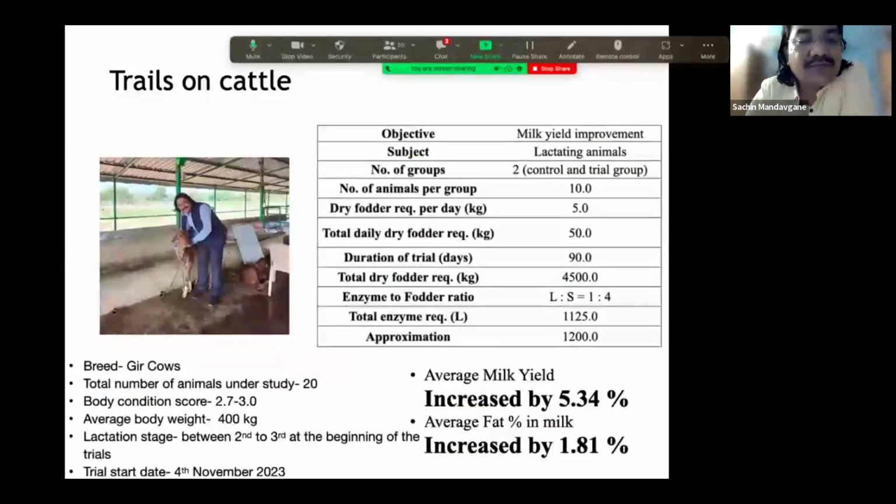Standard procedures for field trials were adopted, and the trial started on 4th November 2023, and there is an increase in milk yield by 5%. Generally, if the milk yield is increased, it is at the cost of fat, but unlike that, here even the fat is increased. So NDDB is willing to launch this enzyme on 27th April, which is World Veterinary Day.